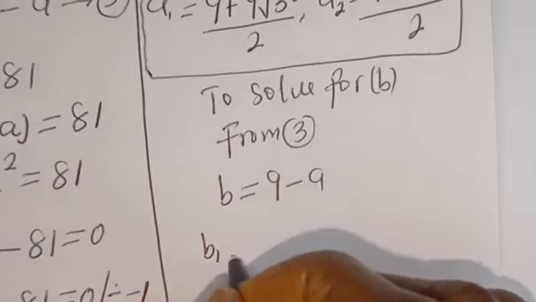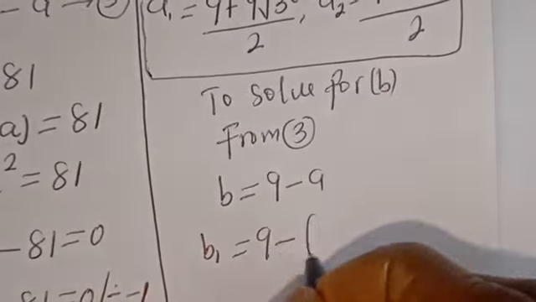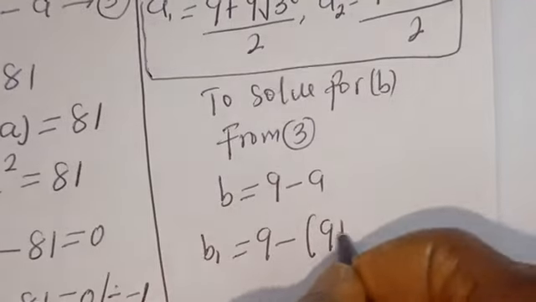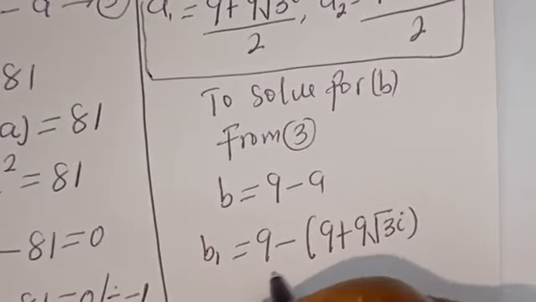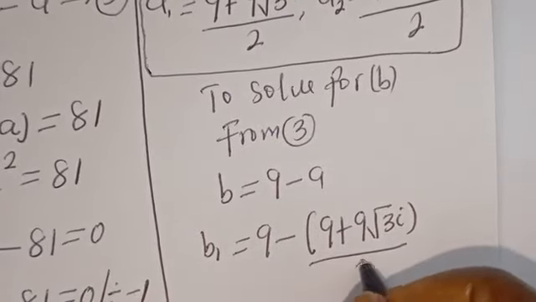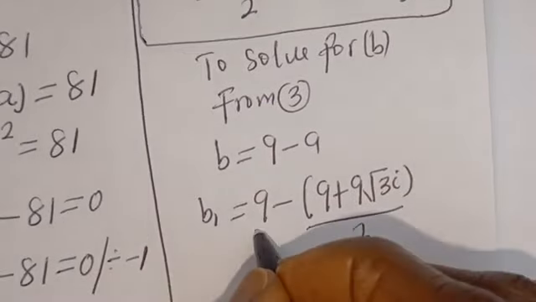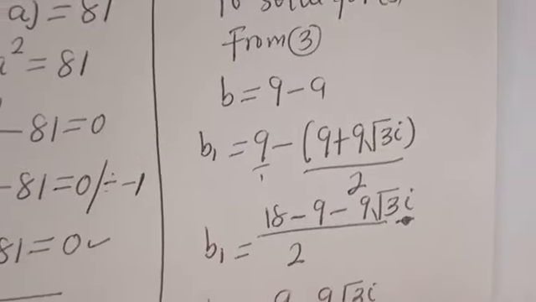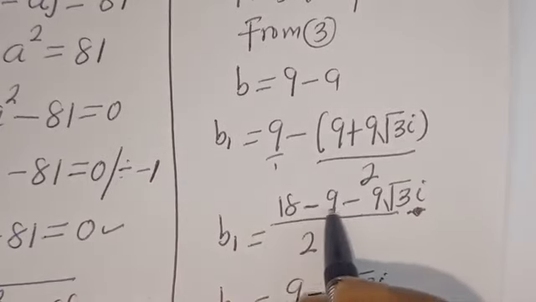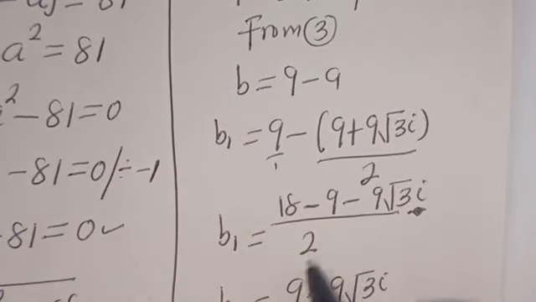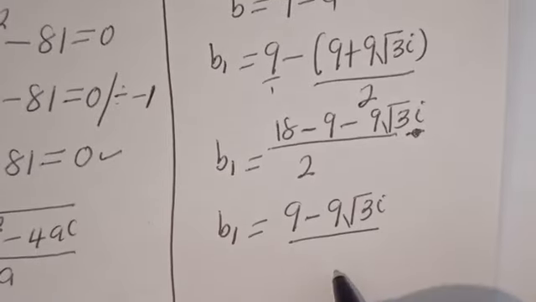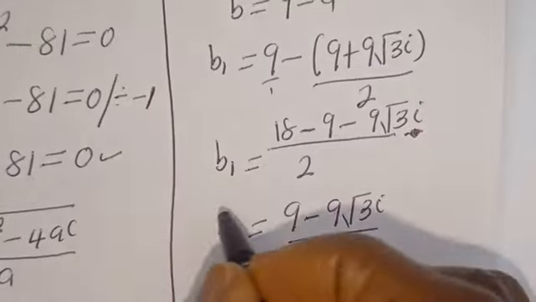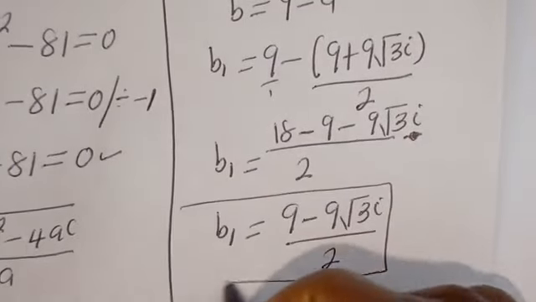Now b1 will be equal to 9 minus a1, which is 9 minus 9 plus 9 root 3 i divided by 2. Then this is over 1, 18 minus 9 root 3 i over 2. Then b1 is now 18 minus 9, that is 9 minus 9 root 3 i over 2. This is the value of b1.